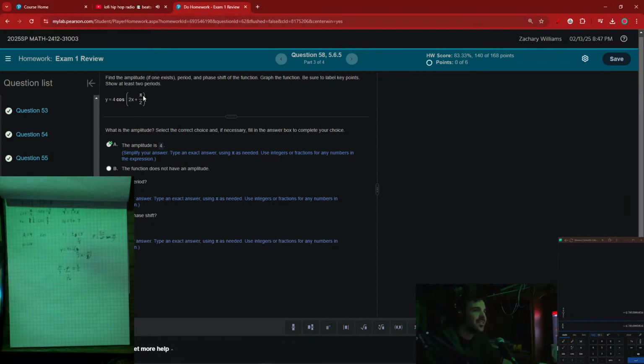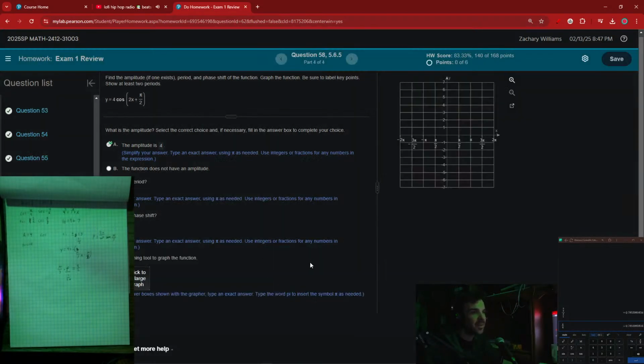Why is that? Let's see. Pi over 2 divided by 2 over 1. Yeah, flip it, multiply by the inverse. Yeah, it's pi over 4. Okay, so it's negative. Nice work.